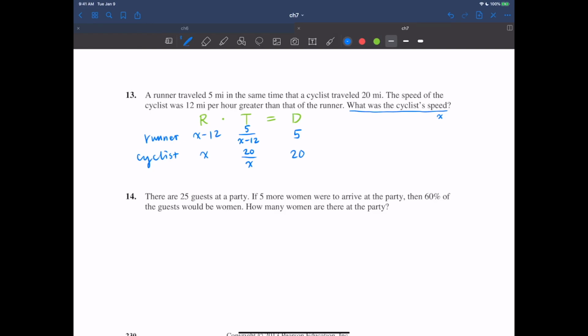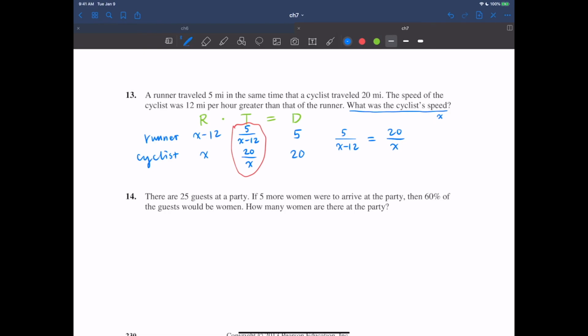And according to the question, a runner travels 5 miles in the same time that a cyclist traveled 20 miles. That basically means these 2 quantities, the time, should be the same. And that's our go-to setup equation. 5 over x minus 12 is the same as 20 over x. And that is our equation.